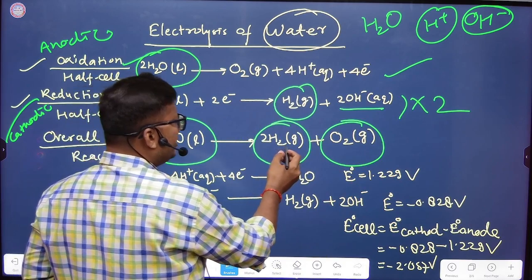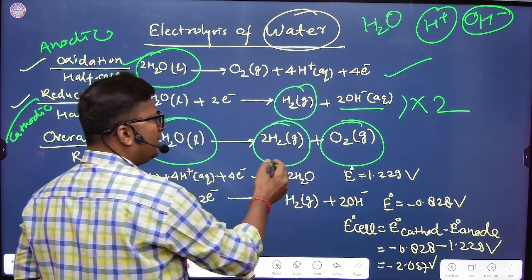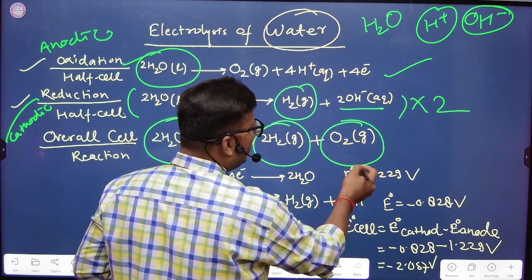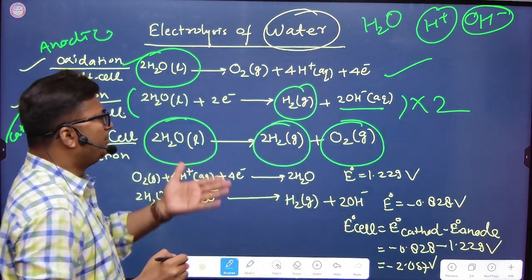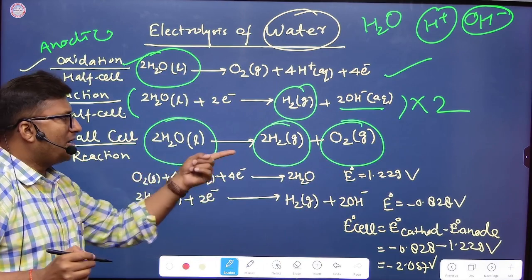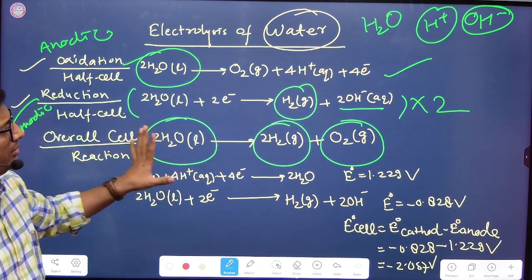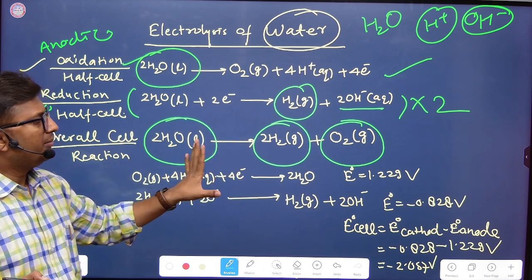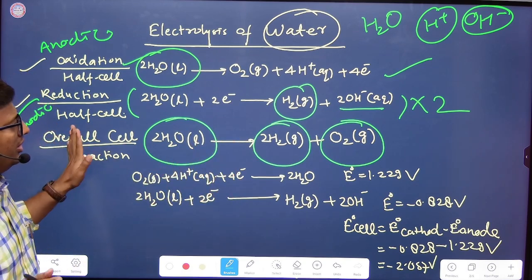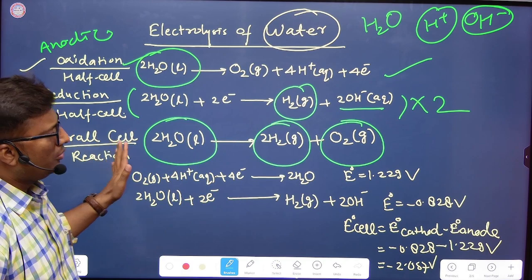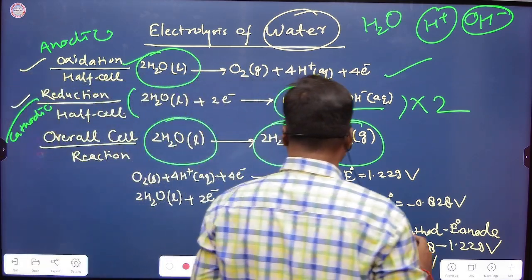Hydrogen gas is just doubled, but oxygen gas has only 1 mole. So this is the beauty, that 2 mole of hydrogen gas and 1 mole of oxygen can be obtained through the electrolysis of 2 mole of water.